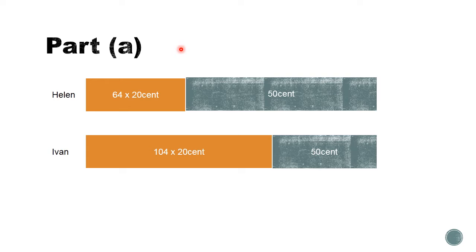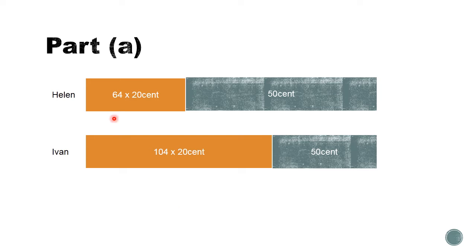Okay, let's look at part A. You can refer to the question. We do know that both Helen and Ivan have the same number of coins. So let's say I draw this in a bar chart. This is the number of coins that Helen has. Ivan has this number of coins in the bar chart. So they are the same length.